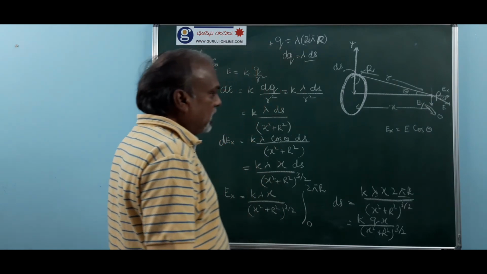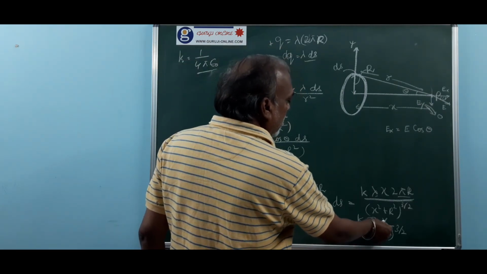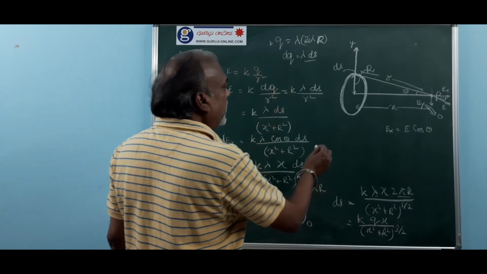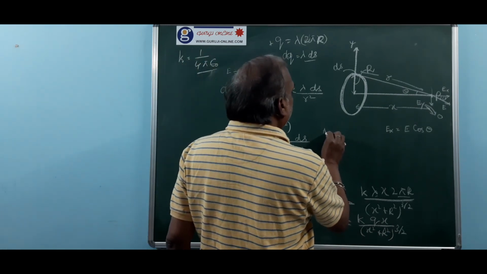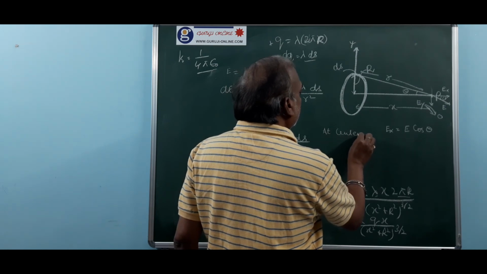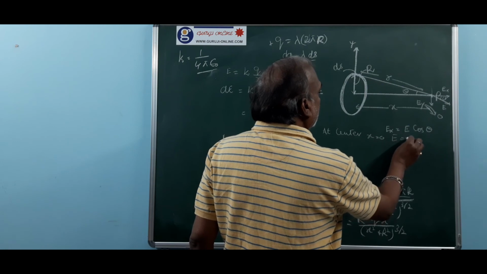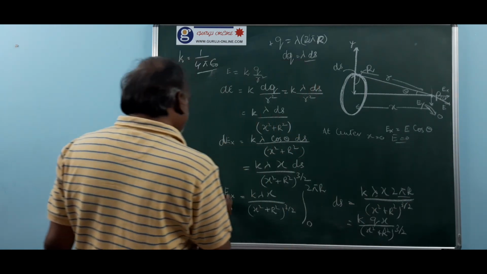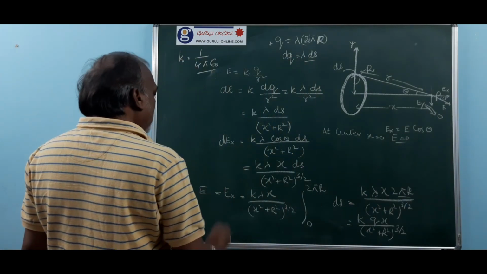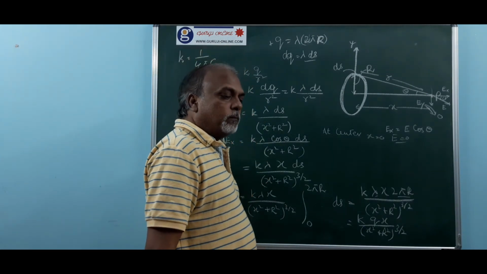Now in this, just see, suppose x is 0, then this electric field is 0, means at the center. X is 0, electric field is also 0. This Ex is nothing but, because Ey component due to symmetry becomes 0.